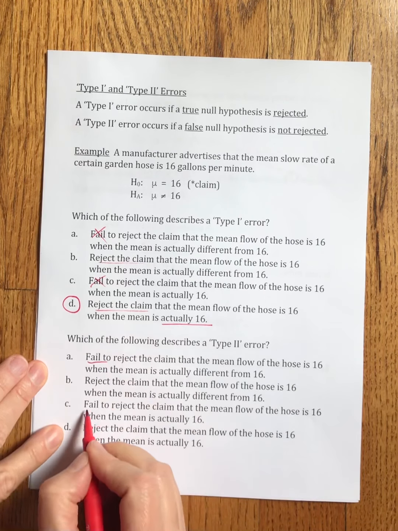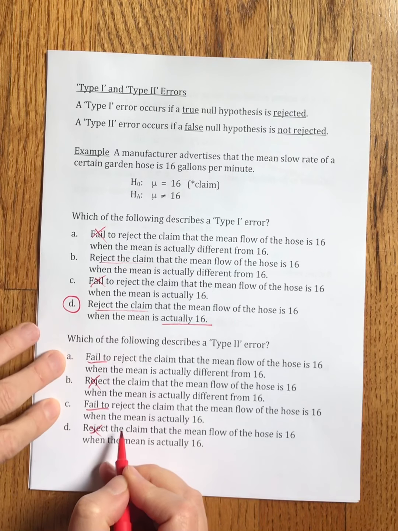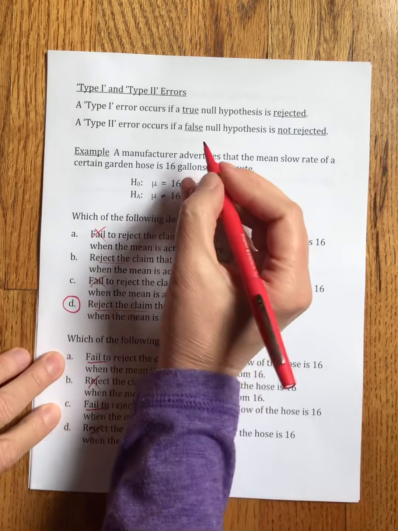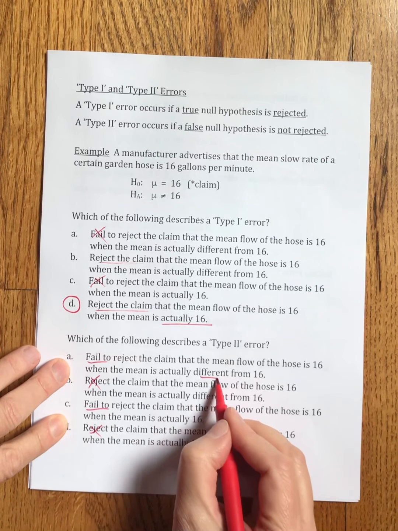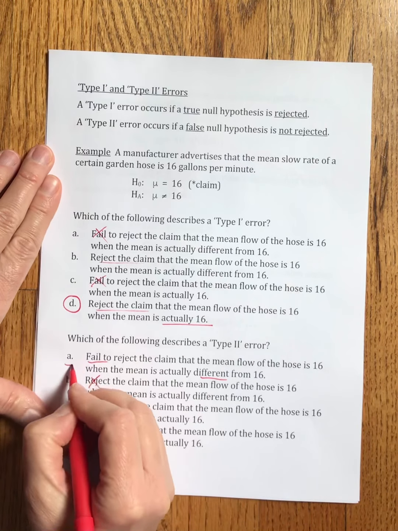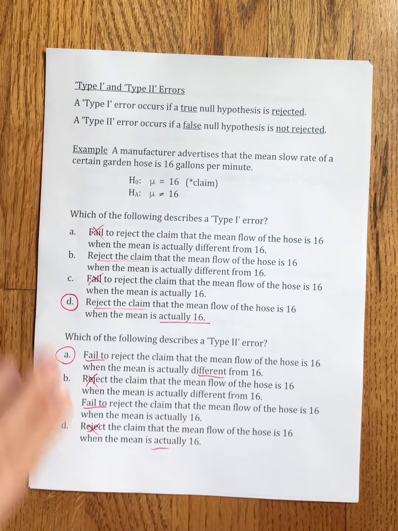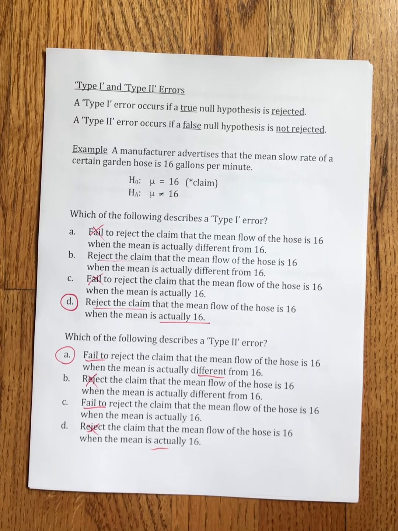So failed to reject, let's look for an option that includes that. And we shouldn't have, because it's really not 16. So different from 16. Looks like option A is going to be the best way to go there. So watch for some questions like that on the homework. Just multiple choice about what a type 1 or type 2 error could sound like.